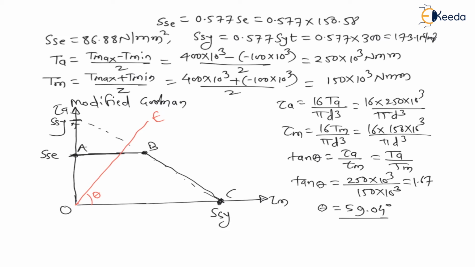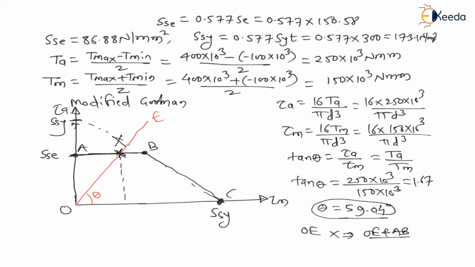Now we have calculated angle theta, which is 59.04 degree, and let us say I draw line OE. This OE line cuts line AB at the point X, which means X is the intersection of OE and AB, right?